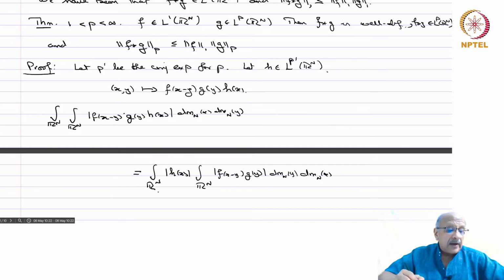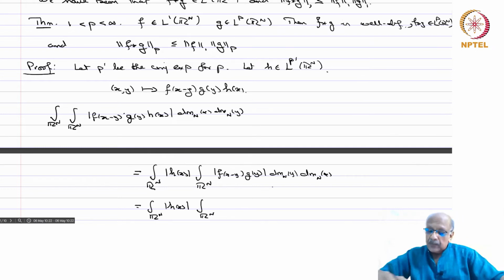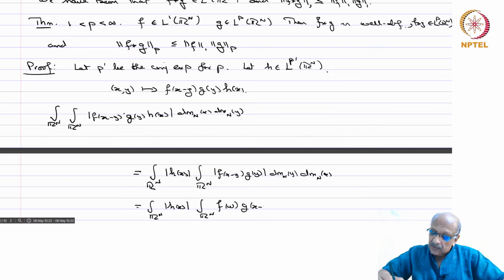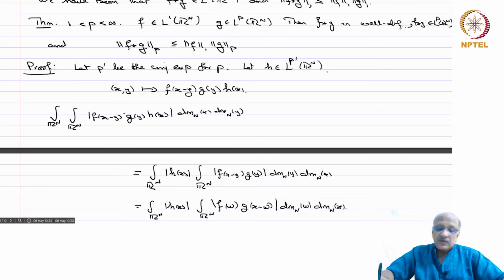Now we will make a change of variable in the inner integral. This is equal to the integral over Rn of mod h(x) times the integral over Rn, where x minus y equals w. So you have f(w), and then y equals x minus w, so g(x minus w), dm_n(w) dm_n(x).